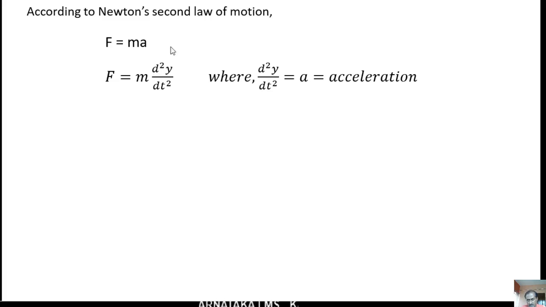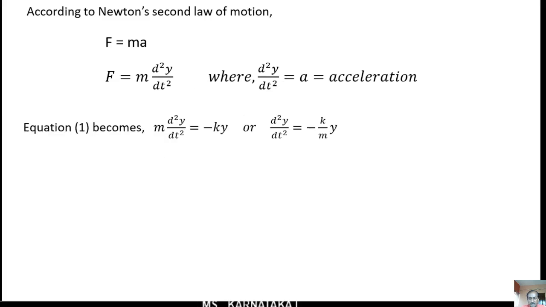So if you differentiate the displacement of the particle twice, you get the acceleration, that is d square y by dt square. Y is the displacement of the particle along the y direction, the vertical direction, where d square y by dt square is the acceleration of the particle.